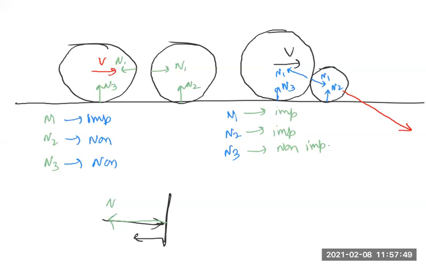So impulsive force when acting on an object will suddenly change the velocity of the object in the direction in which it is acting. If the object already has some velocity, then the final velocity of that object will be the velocity which is imparted or which is given to the object by the impulsive force plus the velocity that it already had.